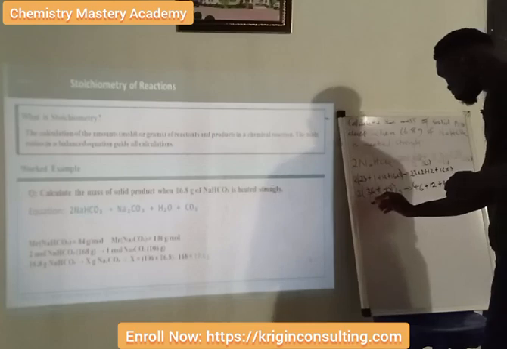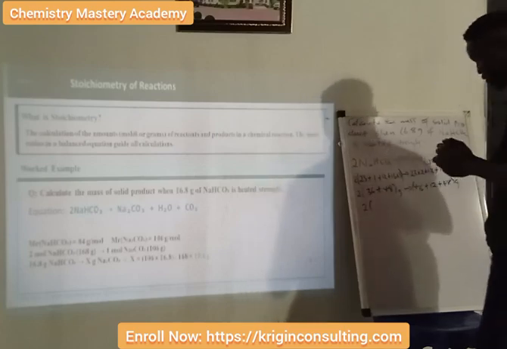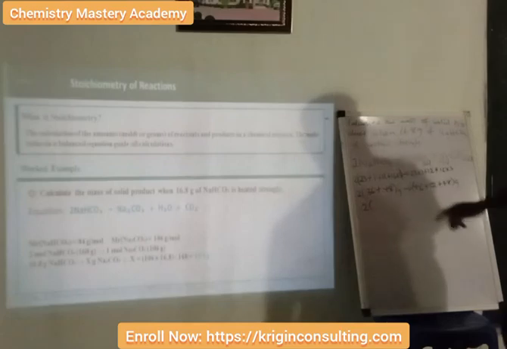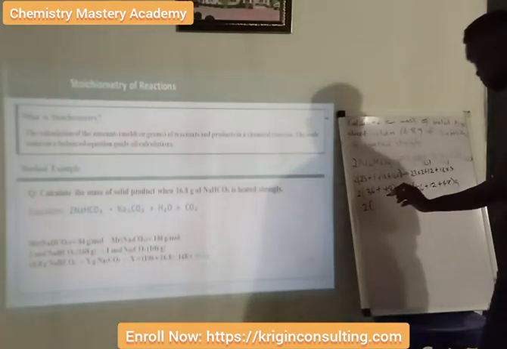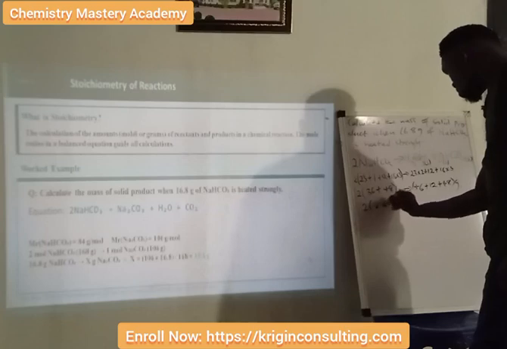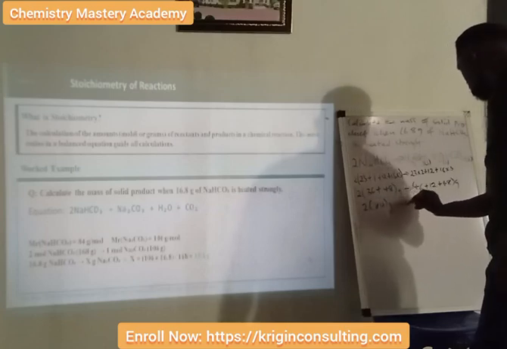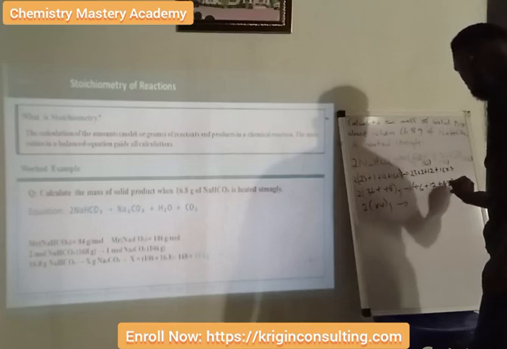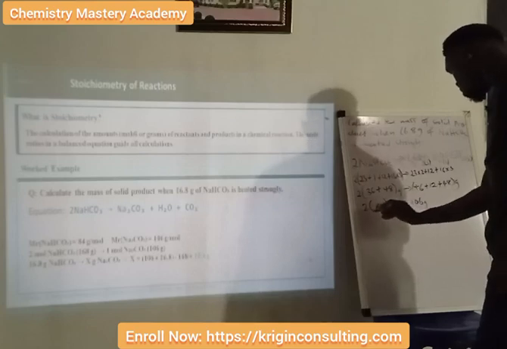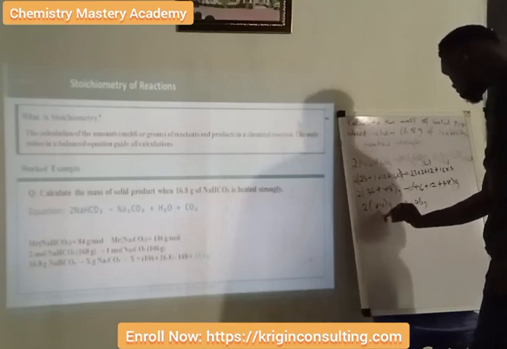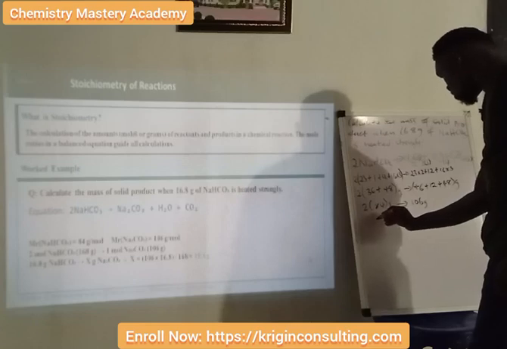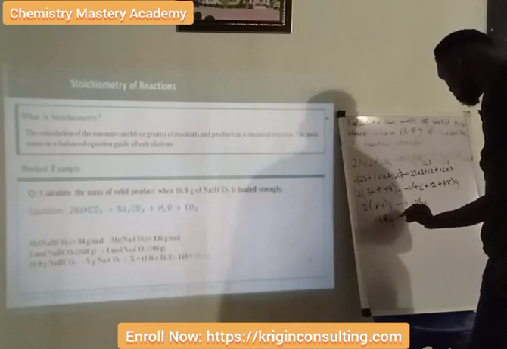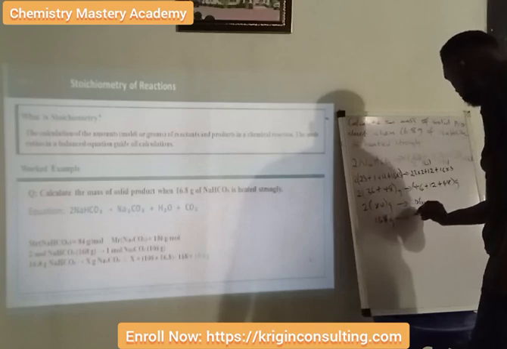So 36 plus 12 gives us 84 gram. 46 plus 12 is 58, 58 plus 48 is 106 gram. This times this, 2 times 84, we have 168 gram.